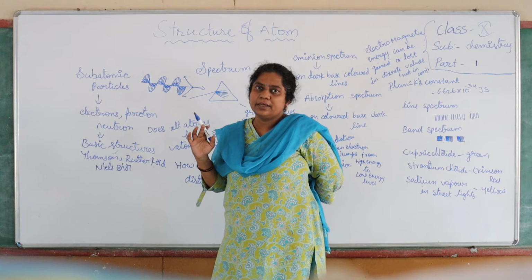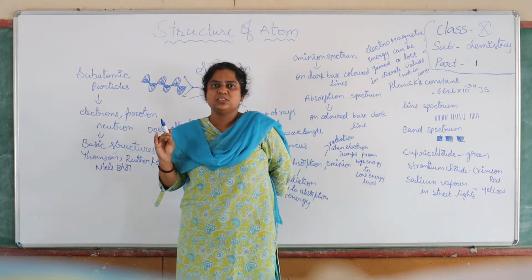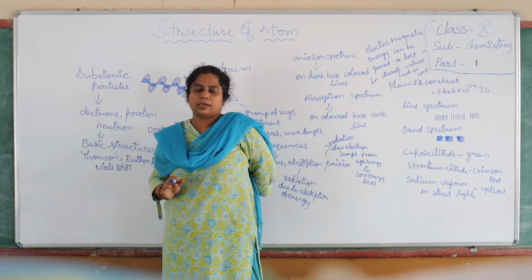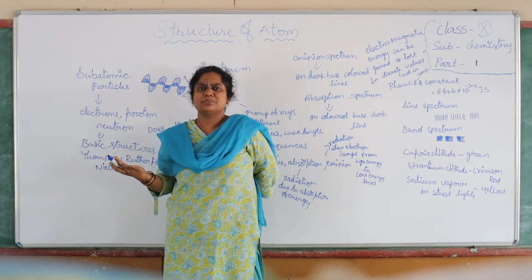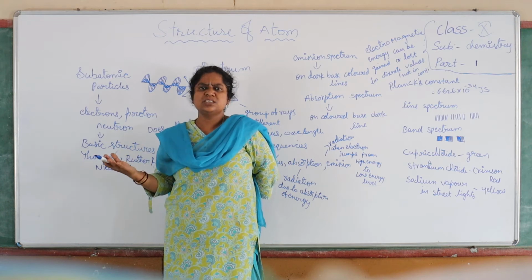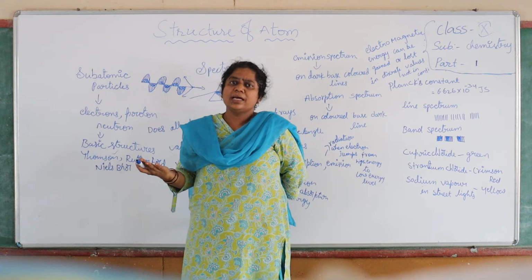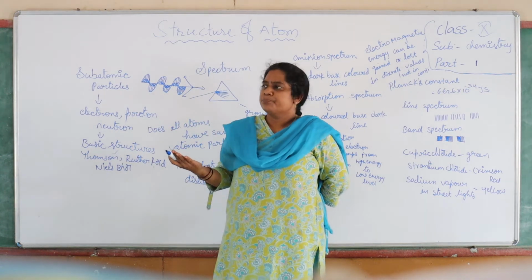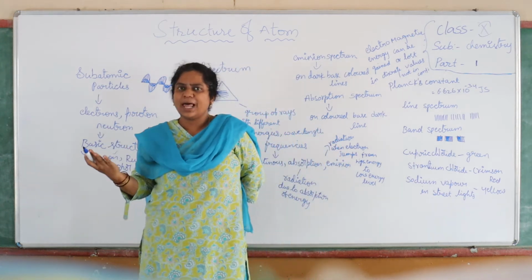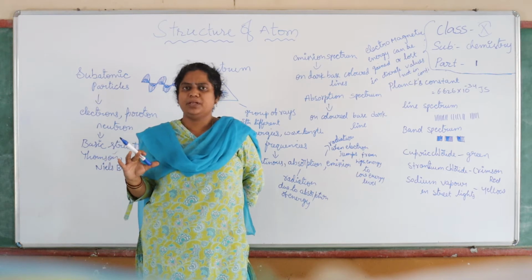But if it is so, the atom will collapse. When the positive and negative charges are together, then the atom becomes neutral. Isn't it? So the atom will collapse when the charges are combined together. So it is not happening.